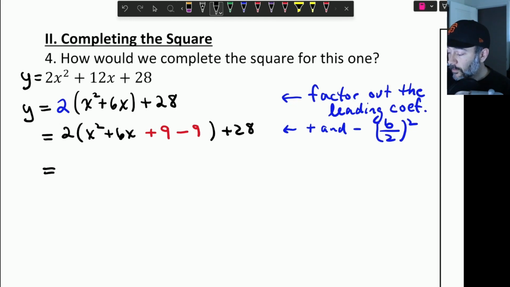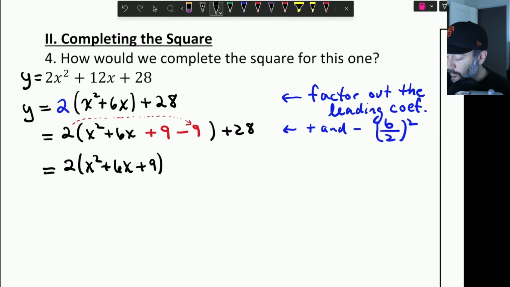Okay, now here is the non-obvious step, and that is this. Distribute the 2 to the minus 9, the second 9 that we subtracted. Distribute the 2 to only that to get it out of the parentheses. 2(x squared plus 6x plus 9).